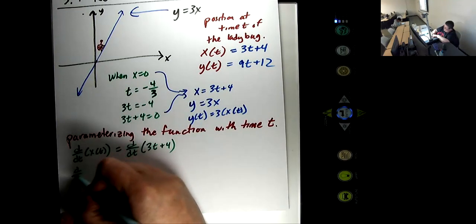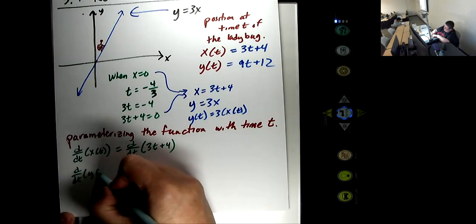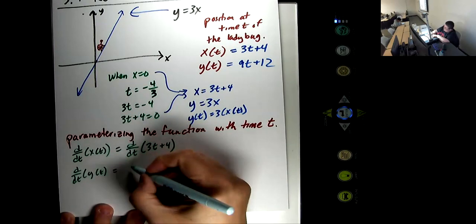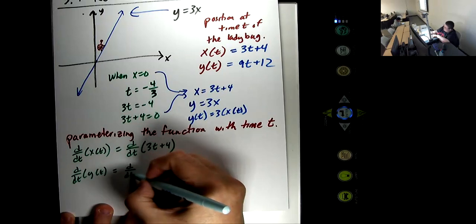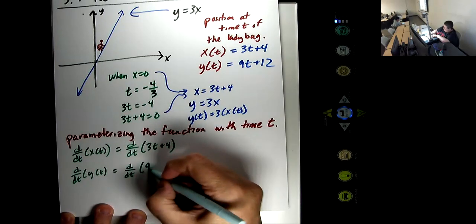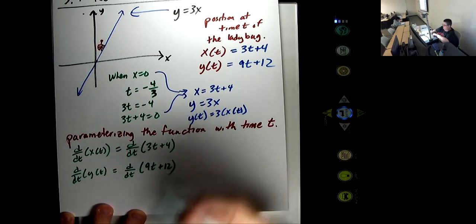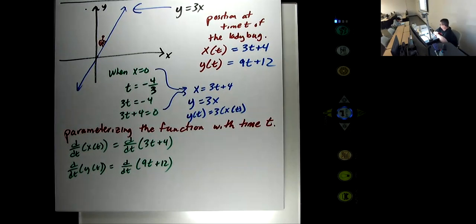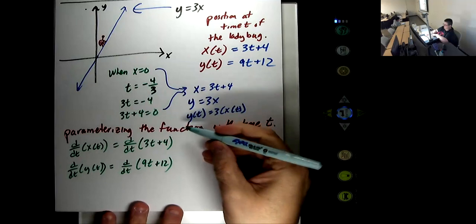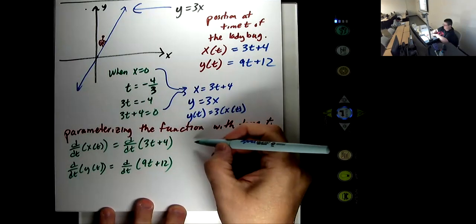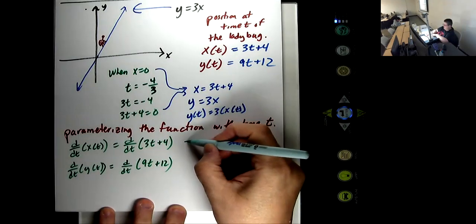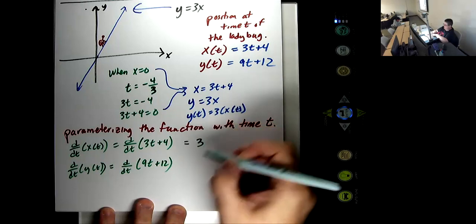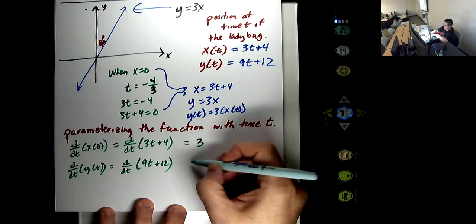And we'll do the time derivative of y of t. This is just 3. And this is 9.